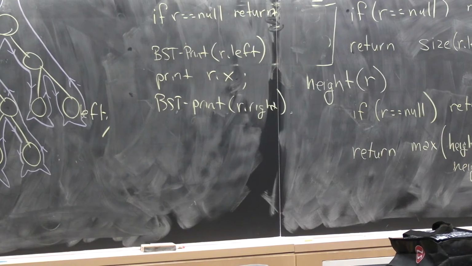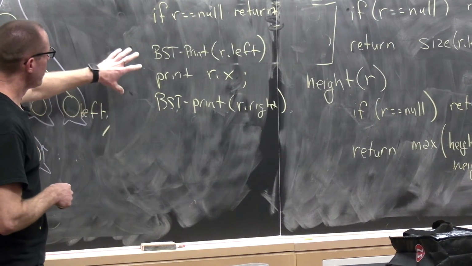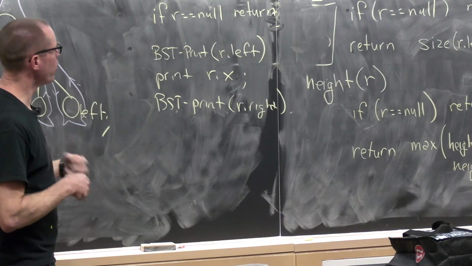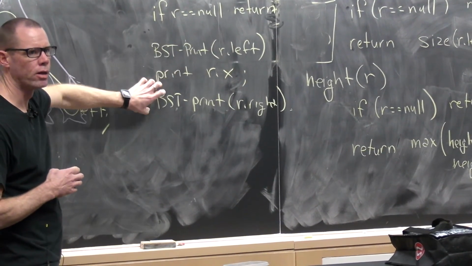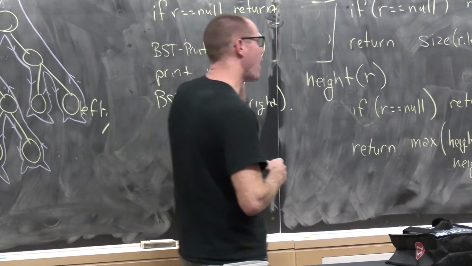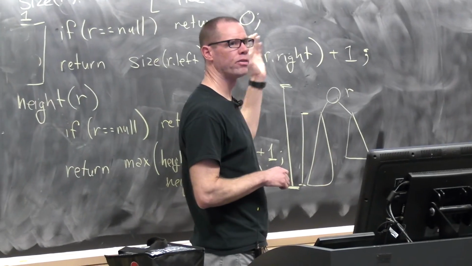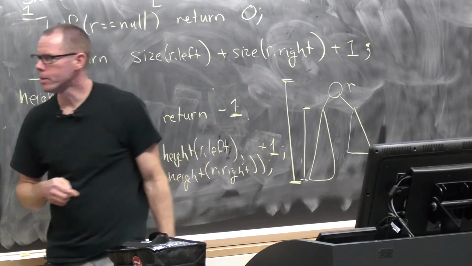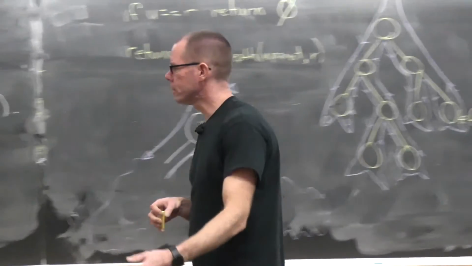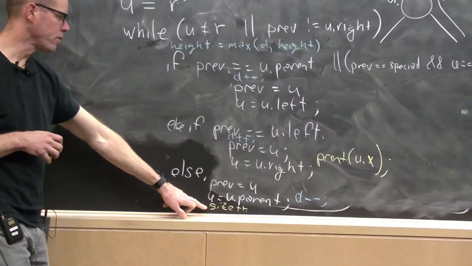And that's really because when we print, the work that we're doing at the current node happens in between the left and right recursive calls. When we're computing the size, actually the work that we're doing happens after we did the left and right recursive calls. We add one and we return. So that's why, for instance, when we're computing the size, we put that in this third branch.